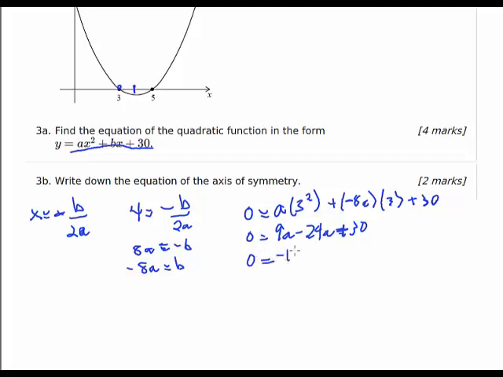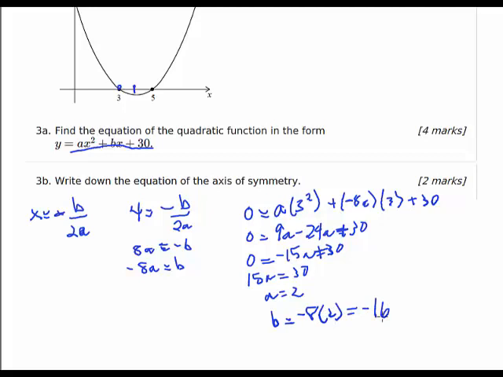So 15a equals 30. A equals 2. And now because we know a, we can go back over here that b is negative 8 times a, so negative 16.